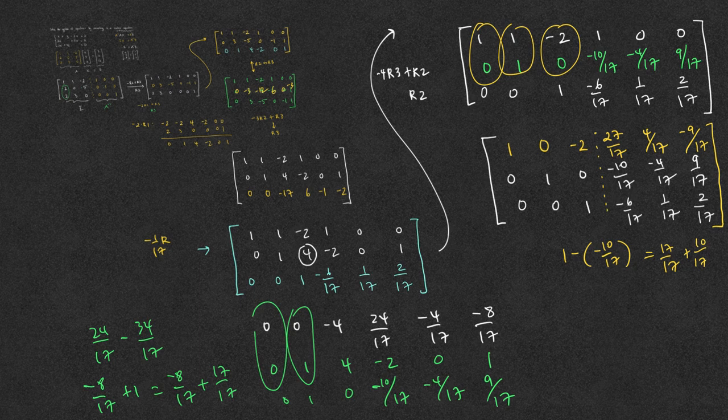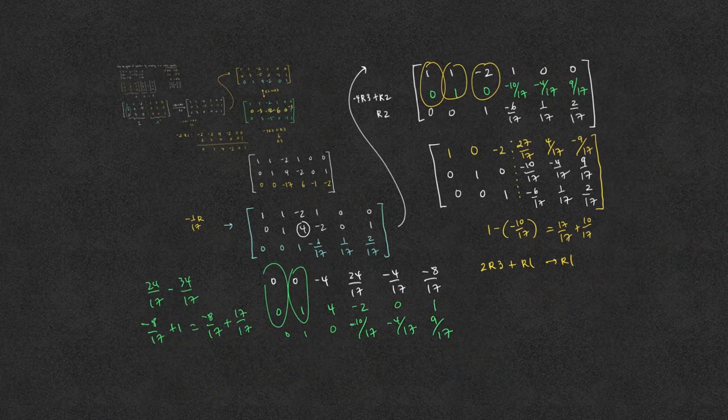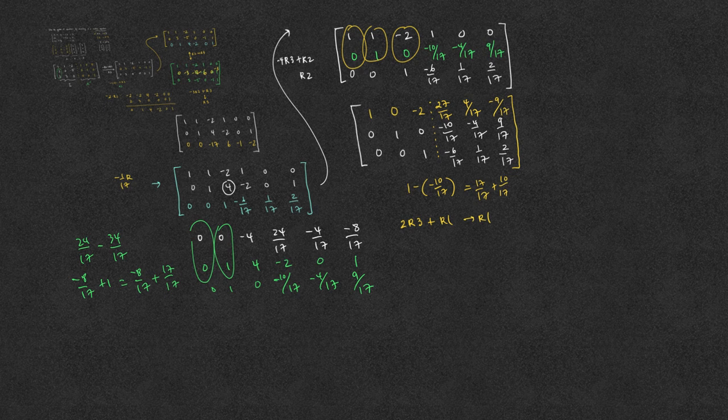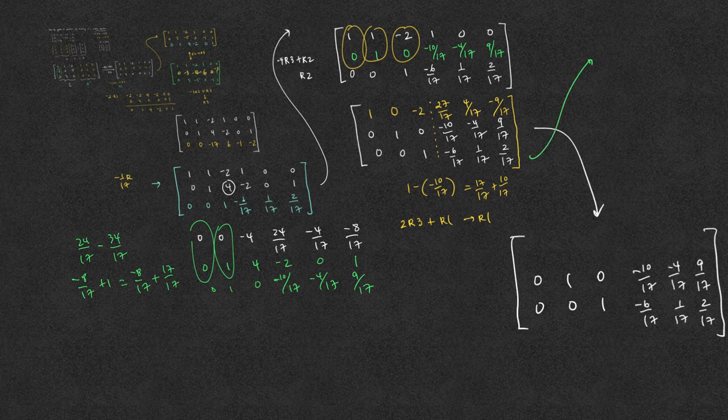To turn the negative 2 to 0, we can take 2 times row 3 added to row 1 to get the new row 1. And so we will keep row 2 and row 3 still. 2 times row 3 is 0, 0, 2. 2 times negative 6 is negative 12. 2 times 1 is 2.